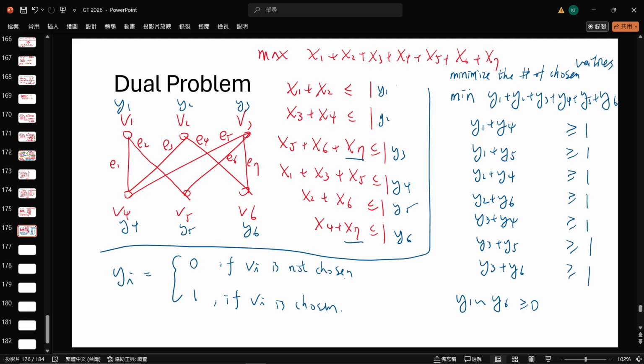Okay, now the constraints, okay? We know that we have a constraint for every variable in a primal problem. And the variable in a primal problem corresponds to the edge, okay? So in the dual problem, we have a constraint for every edge, okay?